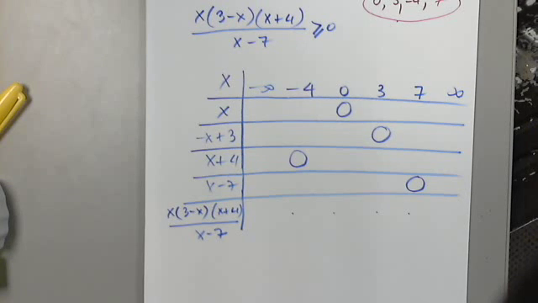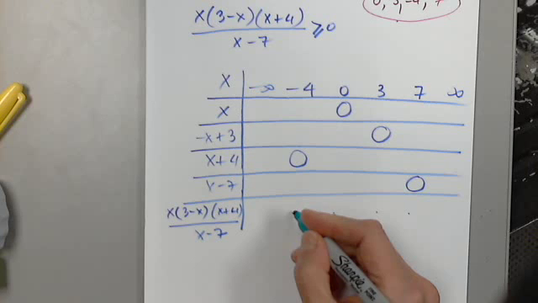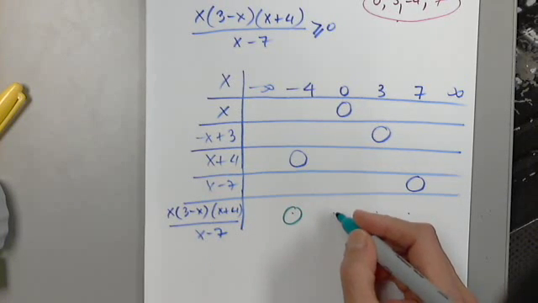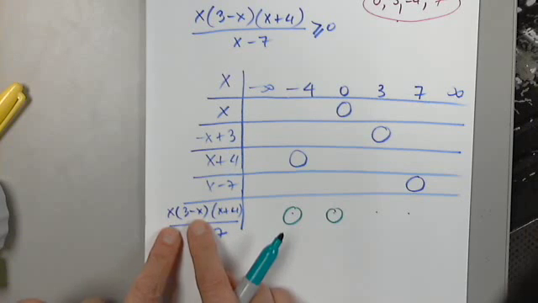So when x is -4, when x equals -4, the ratio is? The ratio is? 0. Yes, because the top is 0. Awesome. When x is 0, the ratio is? 0. Yes, because the top is 0.